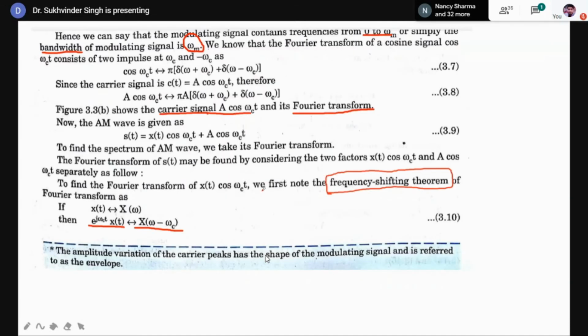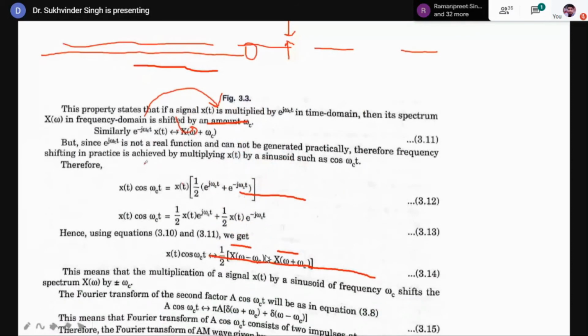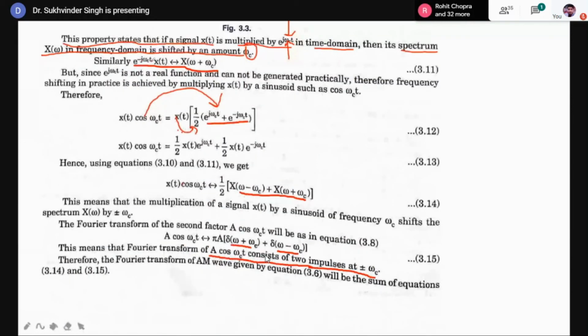Equation 3.14 came from 3.10, according to which if x(t) is multiplied by e raised to the power j omega_c t, then by the frequency shifting theorem according to Fourier analysis, the frequency will be shifted to the lower frequency region and the new frequency will be omega minus omega_c. Similarly, if we take the exponential function as minus j omega_c t, then according to the frequency shifting theorem, the frequency will be shifted to the higher frequency region, and the new frequency will be omega plus omega_c.